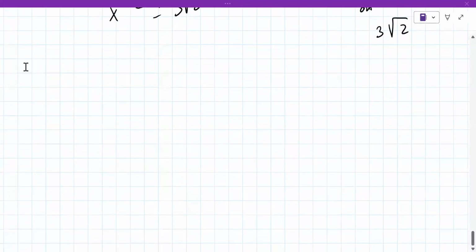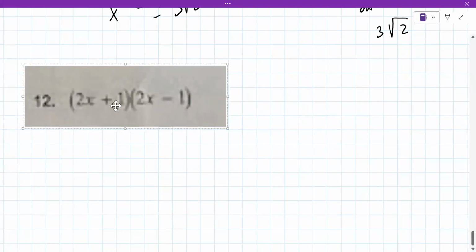You foil this, which you said you're doing the square method. Yeah. So go ahead and try that out. Okay.